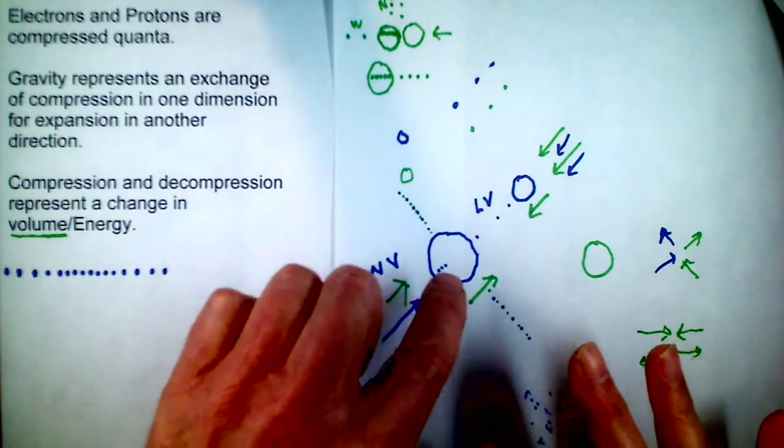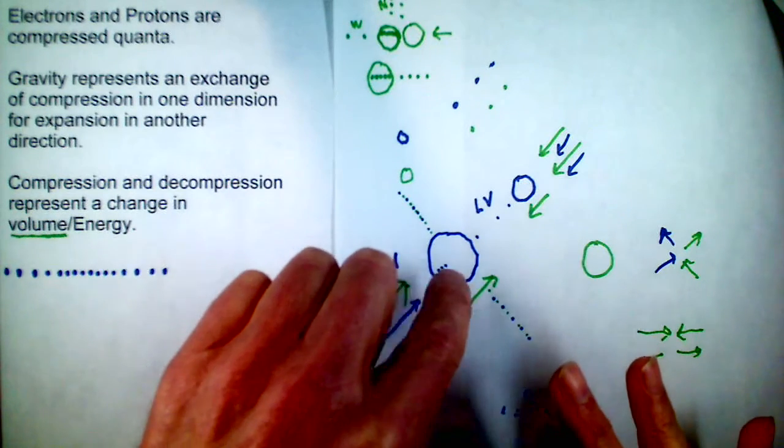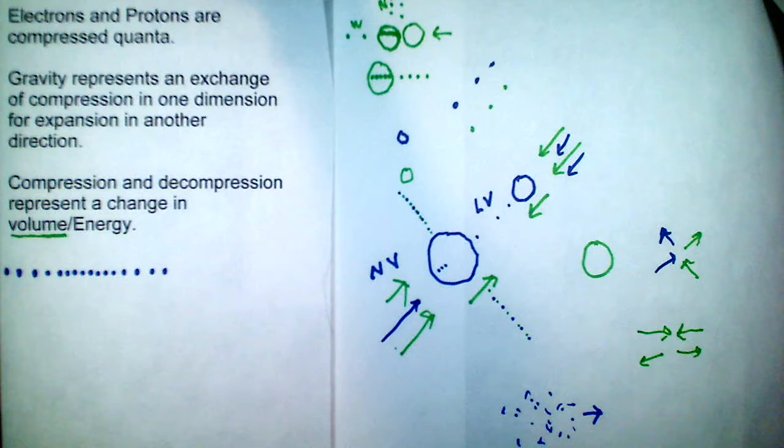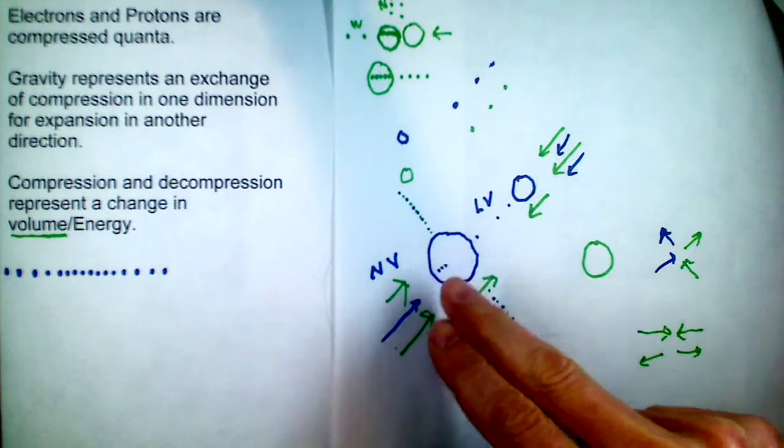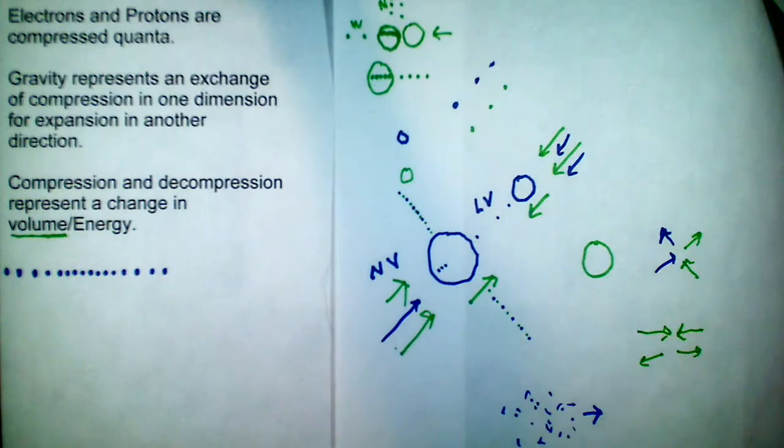They only interact when they hit compressed quanta inside protons, electrons, and probably neutrons. That's the only time they can be converted into compression or be diverted in their direction through the function of the compression of the matter.